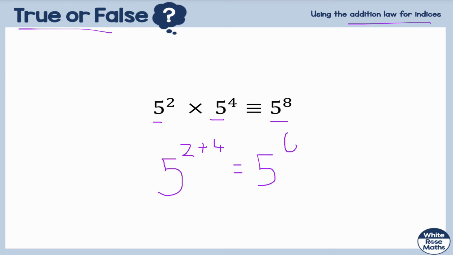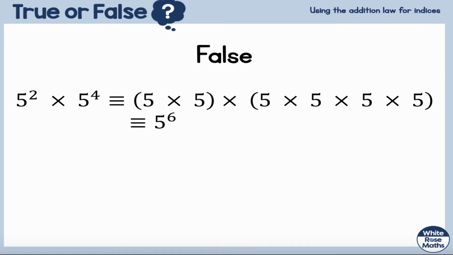So our answer should have been that 5 squared times 5 to the power of 4 is equivalent, i.e. the same as 5 to the power of 6. You never multiply the powers, you always add them when you're multiplying with the same base. Hence the answer here, guys, for that one. So yeah, it's false.